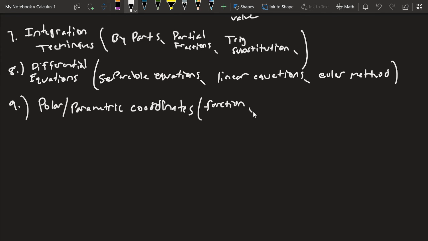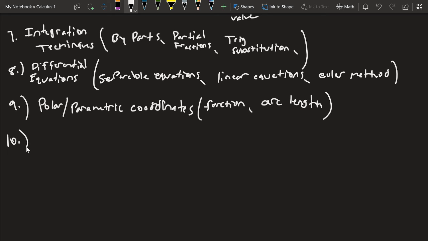We'll use those to maybe simplify integrals that might otherwise be a little sketchy. And likewise, we'll talk about various concepts such as arc length, how to evaluate that if it's easier with polar or parametric coordinates.